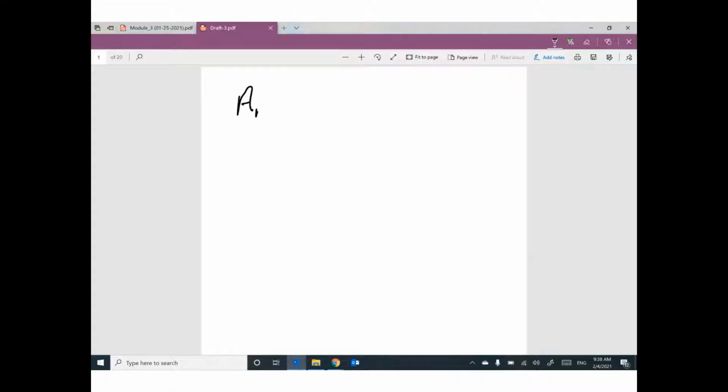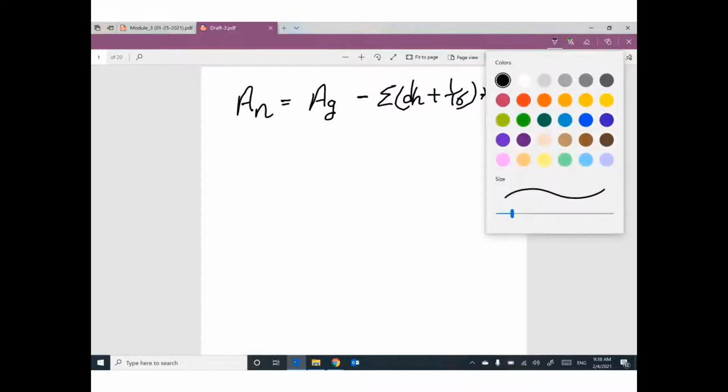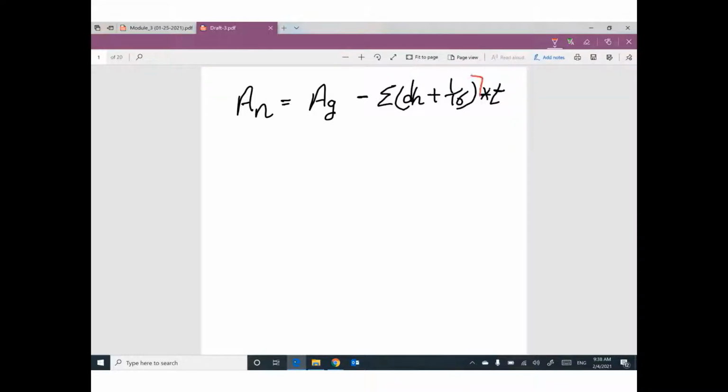Area net equals area gross minus summation of d hole plus 1/16, times t only this part, and then you will do summation. Sometimes this equation can be written like this.